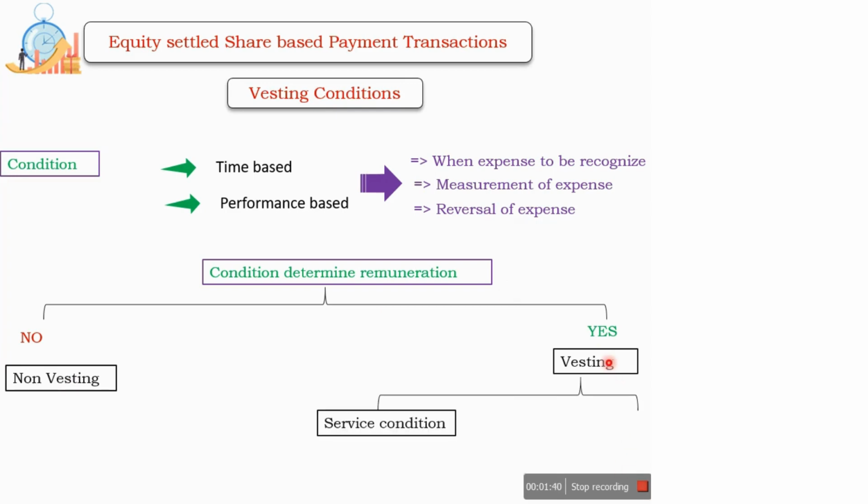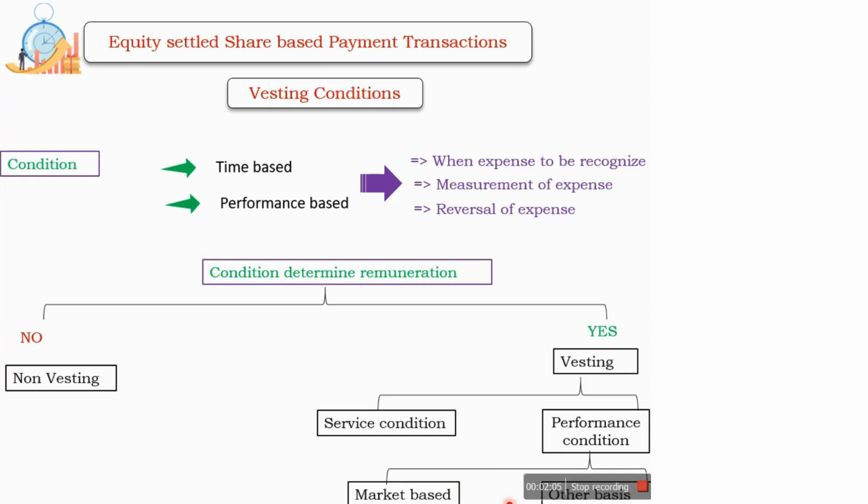A vesting condition may be further classified as a service condition if it depends on the length of the service to be done. Another classification is performance conditions, which may be further classified based on whether they are market conditions or other conditions.